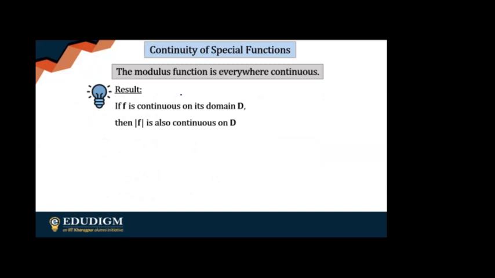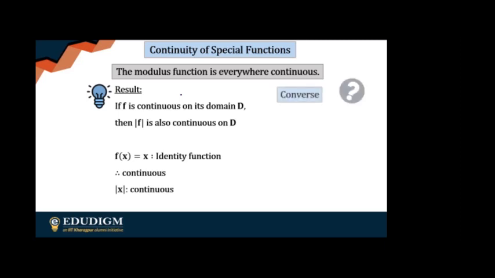I'm not going into the detail of the proof, but I'll give you the outline so that you can pick up certain good points. It says that if f is continuous on its domain D, then mod f is also continuous. This result will easily help you prove the result we have stated about the modulus function. You know that this is the identity function, so it's continuous. Obviously, its mod will also be continuous.